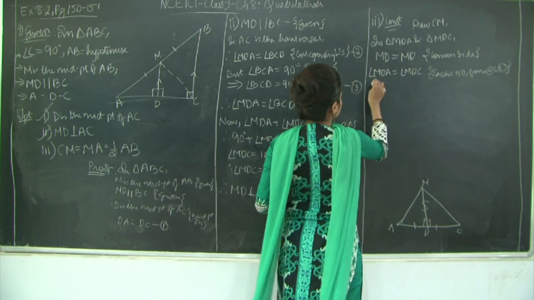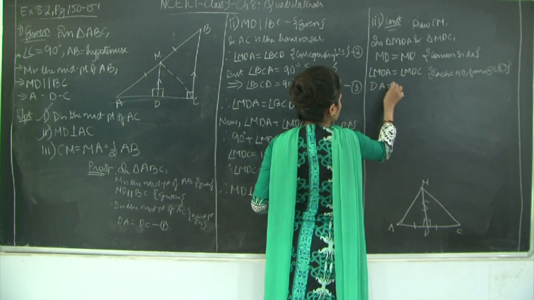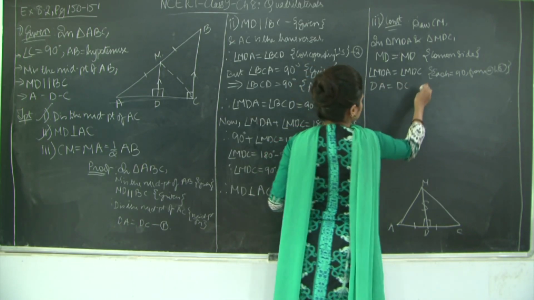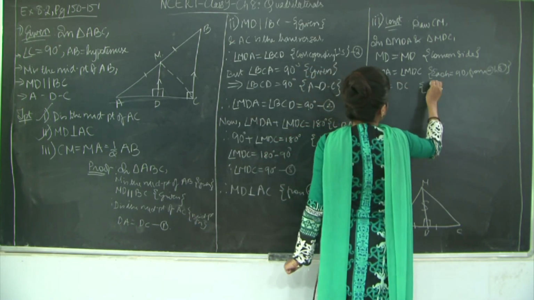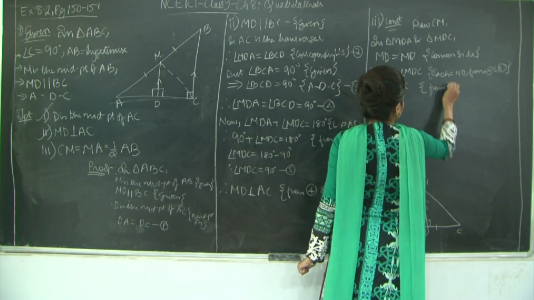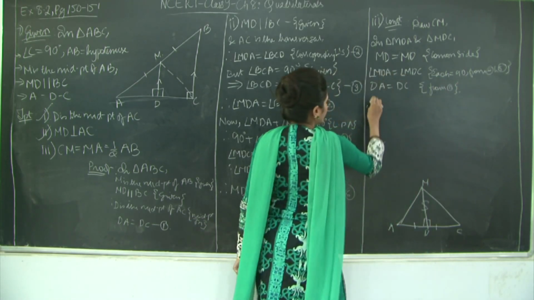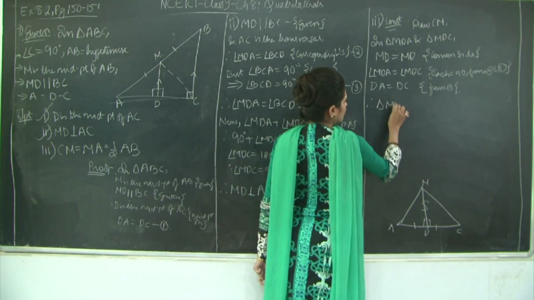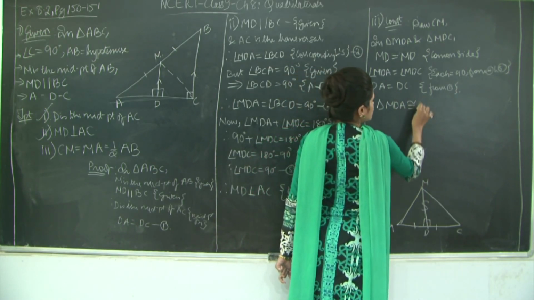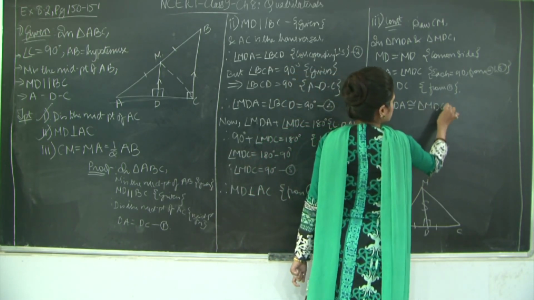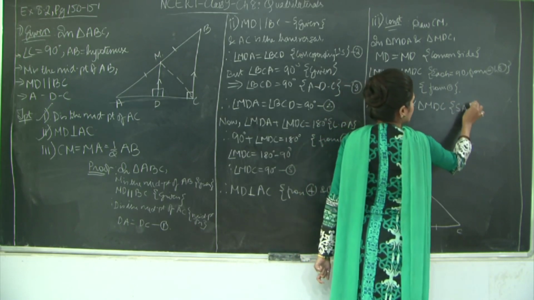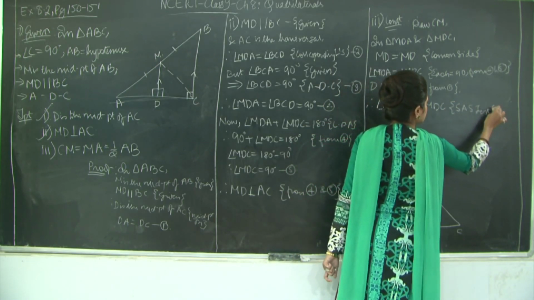And I have DA is equal to DC. This is from statement number 1. Therefore, triangle MDA is congruent to triangle MDC through side angle side test of congruence.